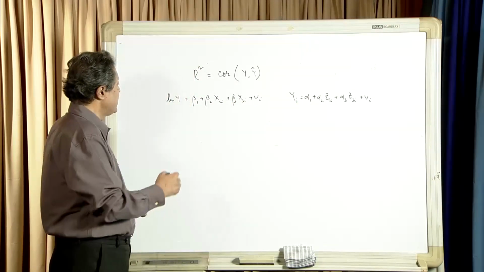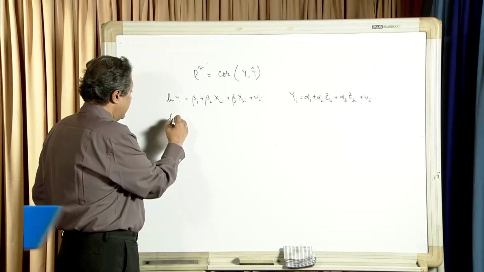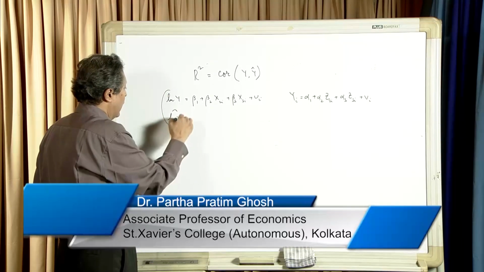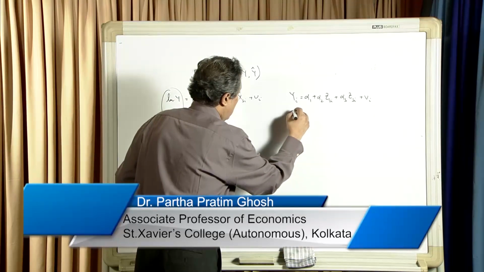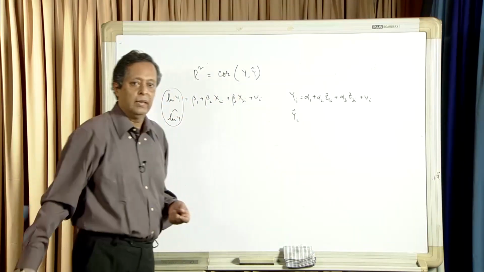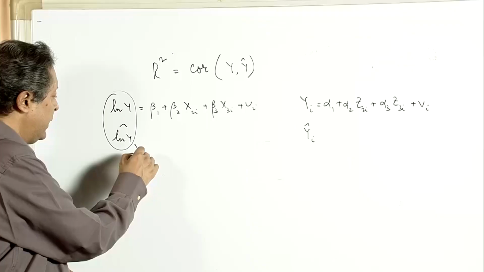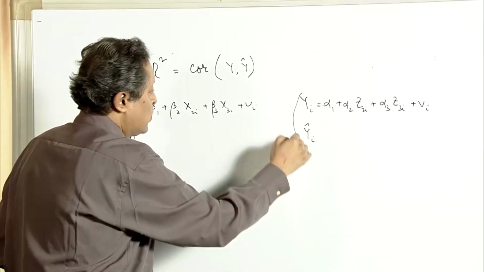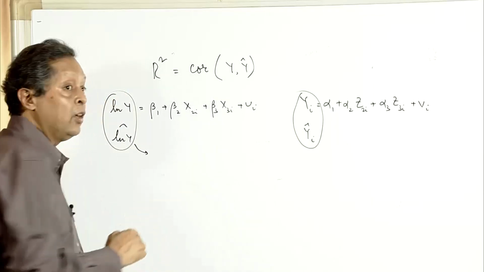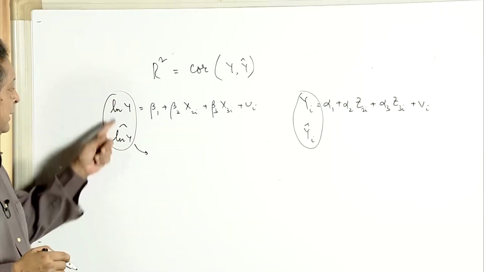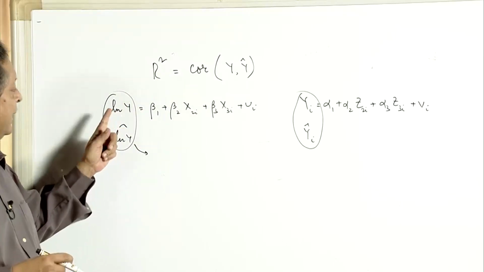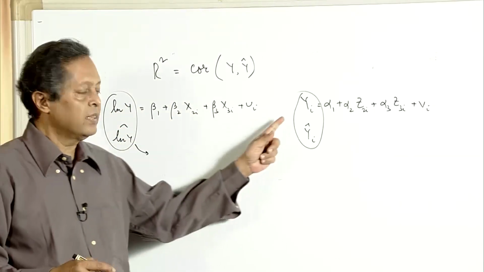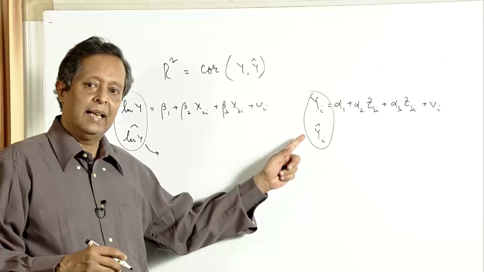So, the correlation between log y and estimated log y is not the same as the correlation between y and estimated y. So, the R square that we get from this model and the R square that we get from this model cannot be compared, because this is the correlation between log y and estimated log y. Here it is the correlation between y and estimated y.